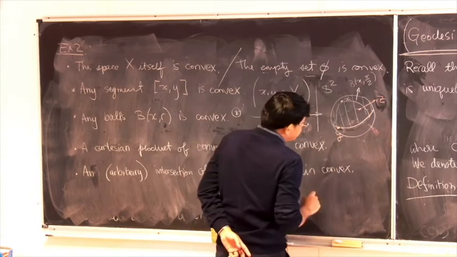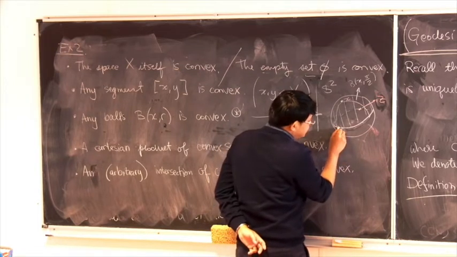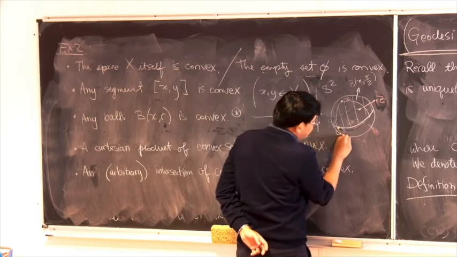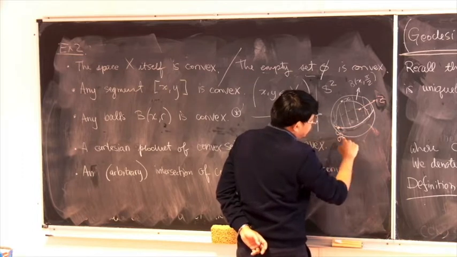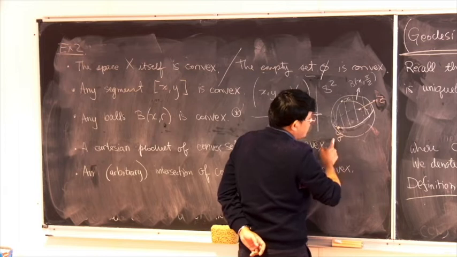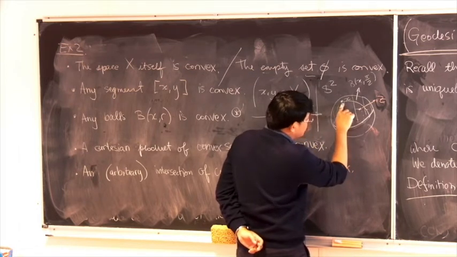And actually you can notice that if you go down, this is like a half circle that connects y to z, passing through the antipodal point of x.